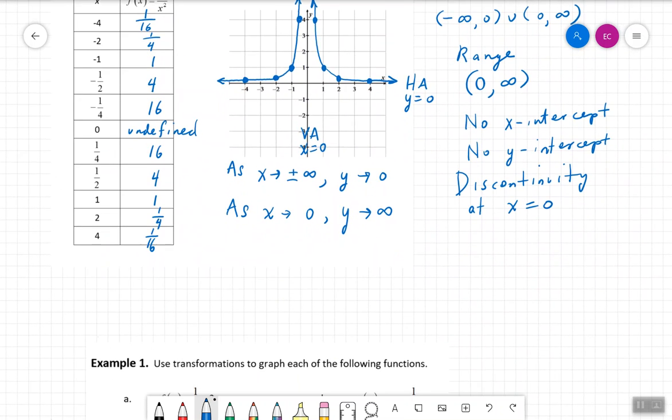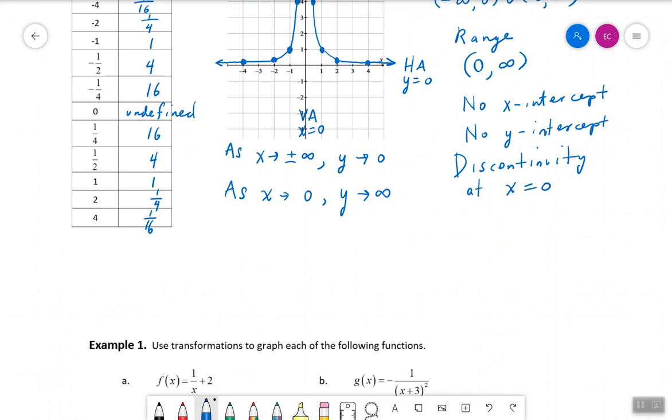Before we go on to example 1, there are a couple of things that I want to say. So, first of all, I would like to remind you, you should be able to graph y equals 1 over x or y equals 1 over x squared from memory without making a table and without using graph paper.